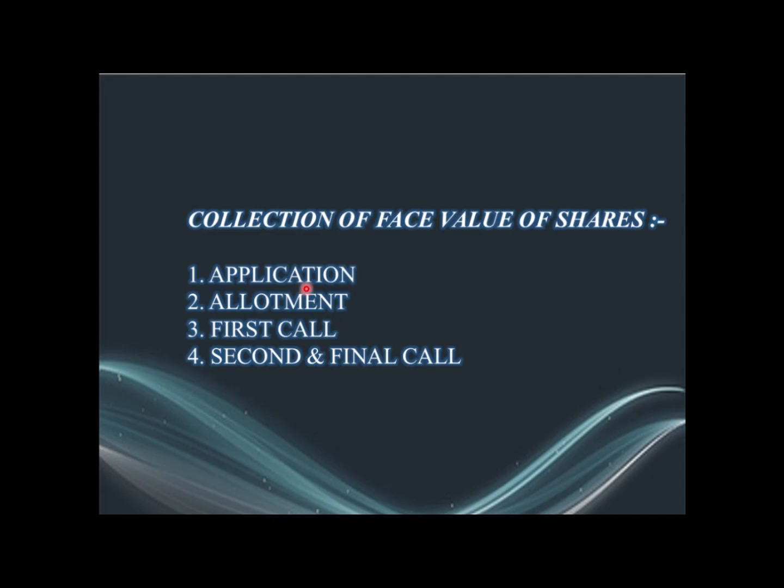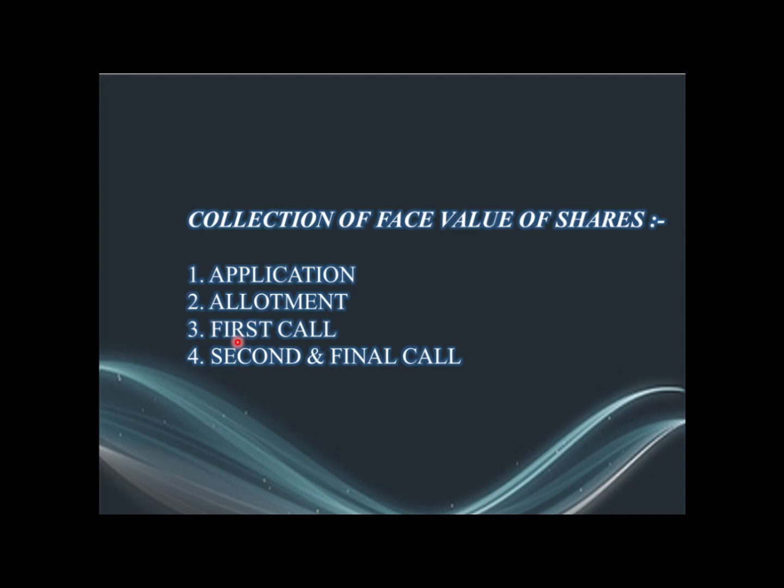will remain same. In case of allotment, in first entry, share allotment account is debited. In the second entry, share allotment account is credited and the amount of share allotment account in both the entries will remain same. In first call, share first call account is debited in the first entry.